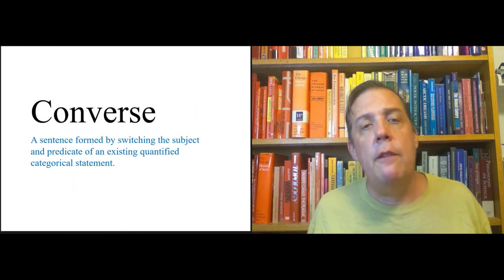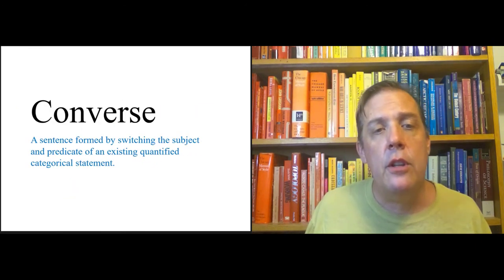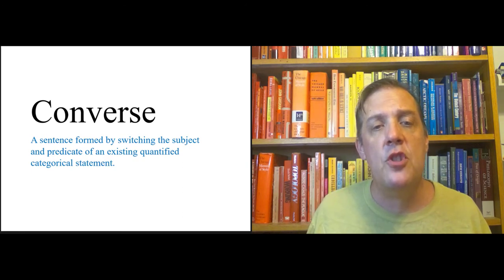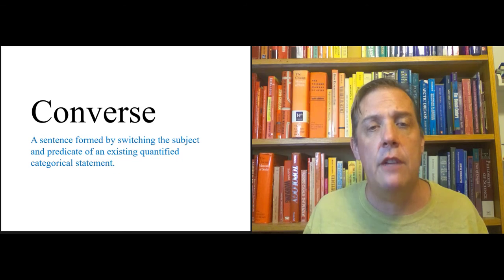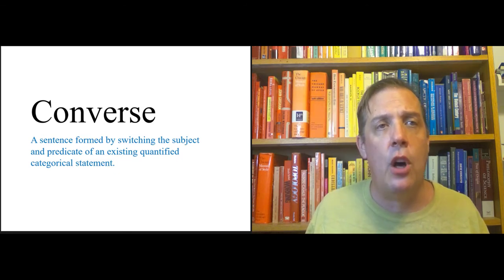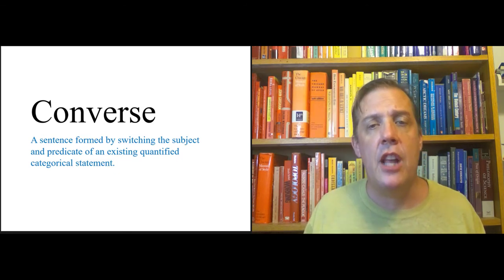So the most straightforward manipulation that you can do is actually just switch the subject and the predicate of a sentence that you're given. So if you're given something that says all S are P, you can change that to all P are S, right?